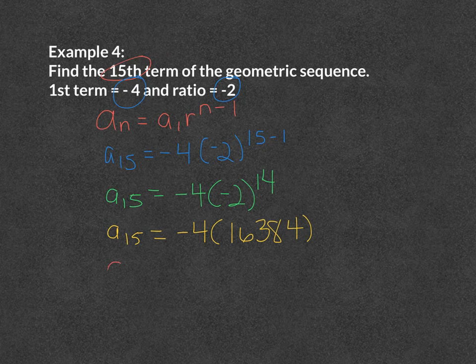Now I'm going to bring down a sub 15 equals negative 4 times 16,384 is going to give me negative 65,536. So the 15th term of the geometric sequence is negative 65,536.